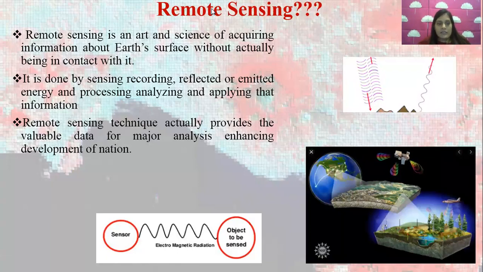Next, you can see here the remote sensing technique actually requires valuable data and it provides us the major analysis which will help to develop our nation in this sector. Students, you all know there are two major firms for space technology working in our country. Which are the two firms? You might be knowing.